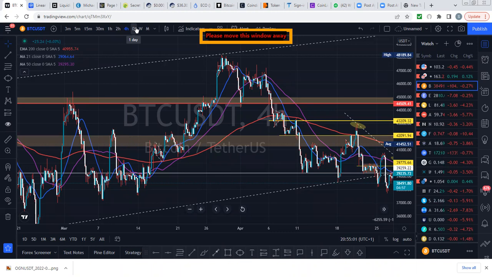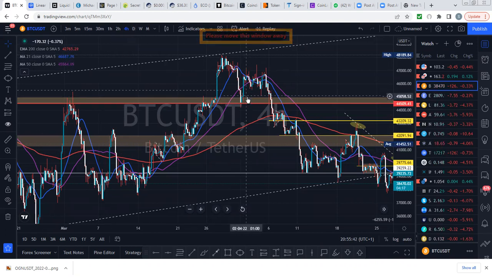The first type is a price crossover, which is when price crosses above or below a moving average to signal a potential change in trend.